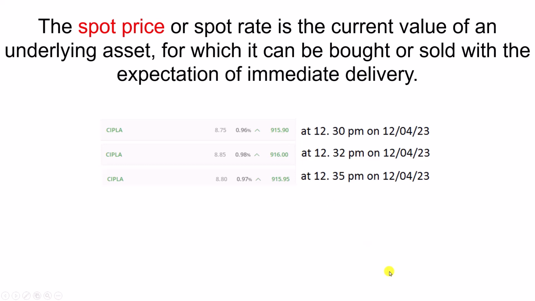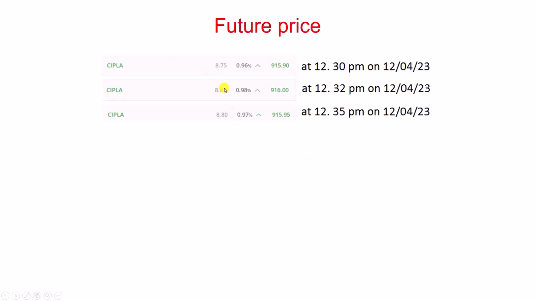Now, here is the same screenshot from the previous slide, and this is the screenshot from this time, 12:30 p.m. on 12th April 2023. These are the prices of futures.